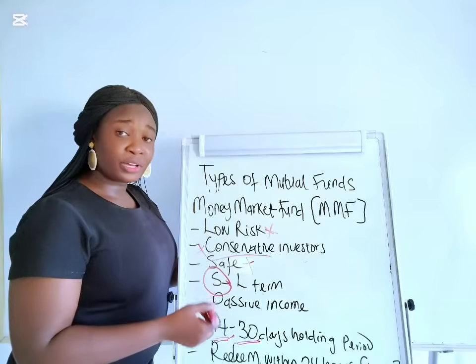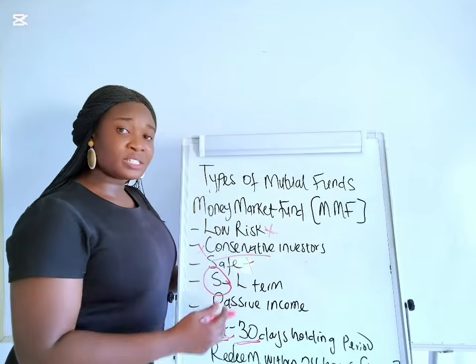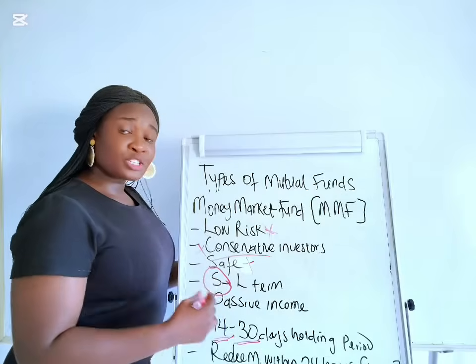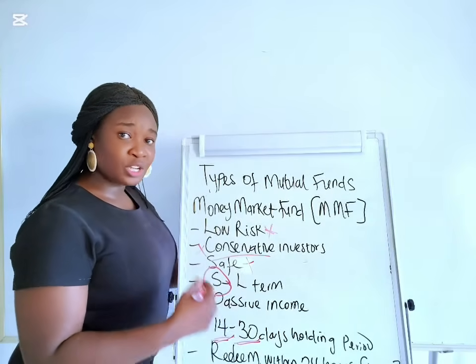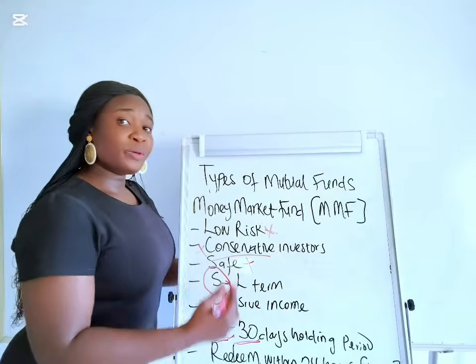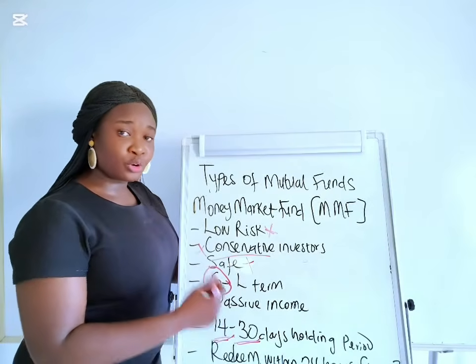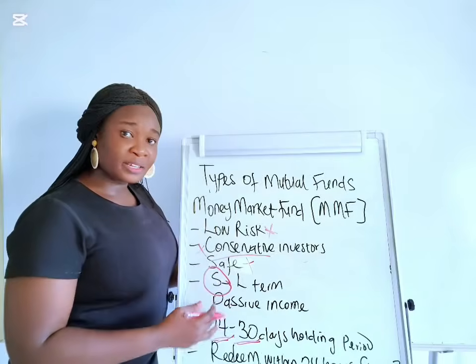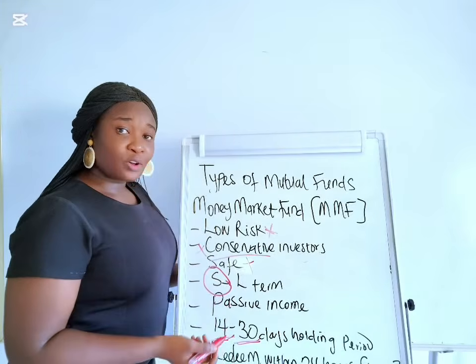And if you want to hold for a long term, it's such that it compounds. After holding this for 3 months, the interest you already have in your account for 3 months now adds up to your initial capital. Then you begin to get interest both on your capital and on the interest you already hold. So it works perfectly if you want to compound your interest. It can be for passive income, just like I said.